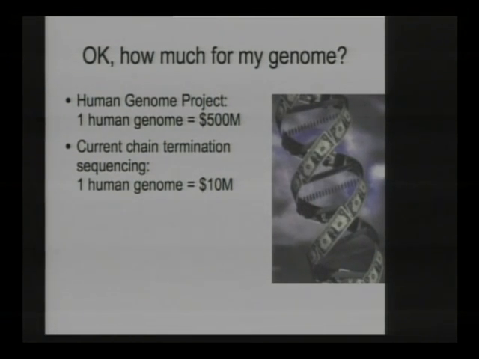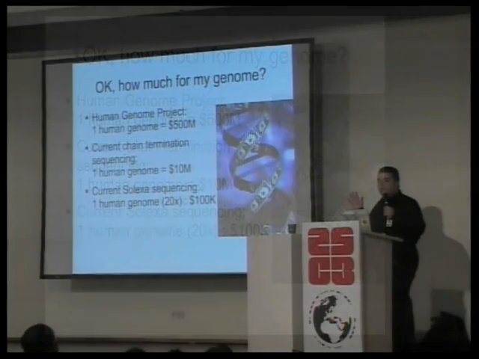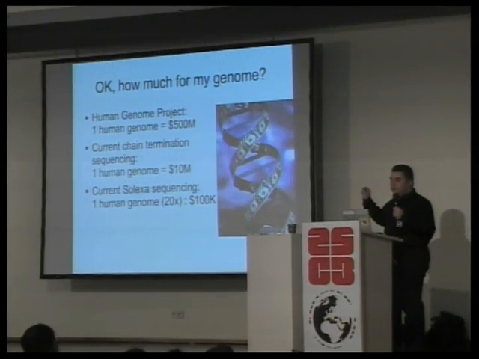And thanks to Craig Venter and his shotgun sequencing, the cost is down to about $10 million for one genome. With the current state of Celexa sequencing, you get one genome for $100,000, but you get it with so-called 20x coverage, which means on average, each position has been sequenced 20 times.